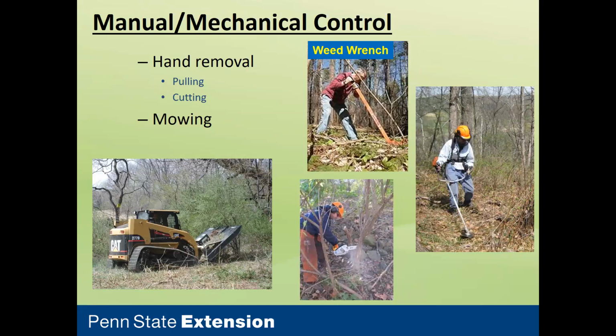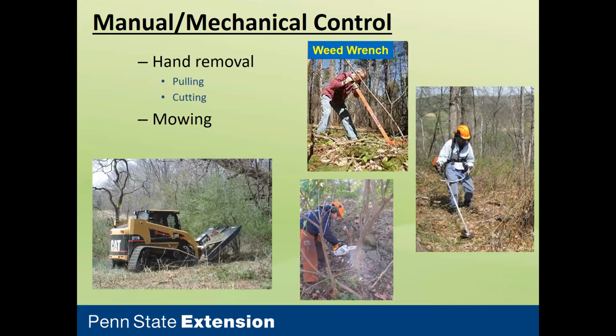And then lastly, mowing. And mowing is often necessary in a lot of these overgrown areas, old fields, abandoned agricultural fields, things like that. And it's really just kind of the first step. It gets us in there, provides us access, but it almost always needs to be followed up with some type of herbicide treatment, because what happens with all of these practices, whether we're cutting or mowing, is these things typically just resprout.